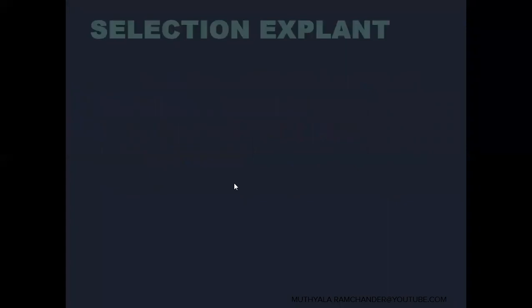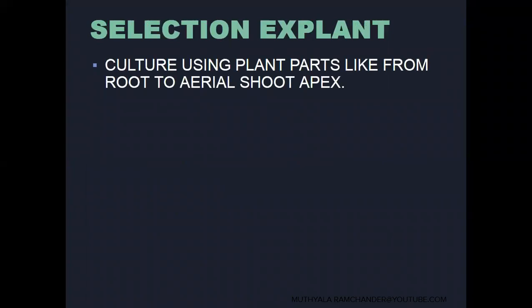The next step is selection of explant. Selection of explant means choosing which part is used for tissue culture. The plant part used for tissue culture is called an explant. Plant parts from root to aerial shoot apex, all parts between the root and the shoot apex, can be used as explants for tissue culture.